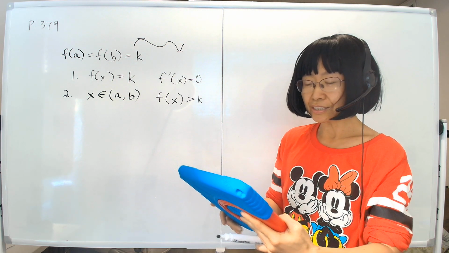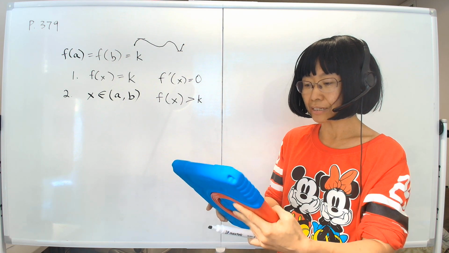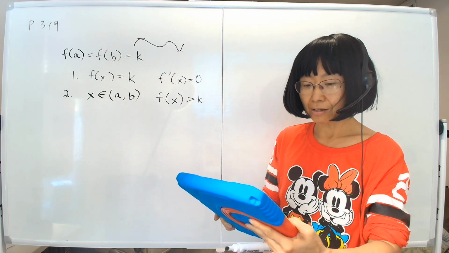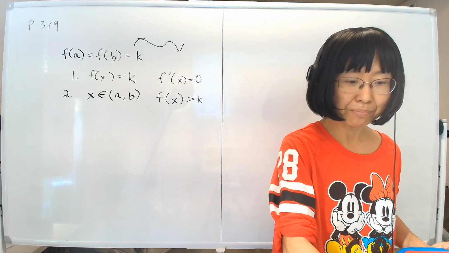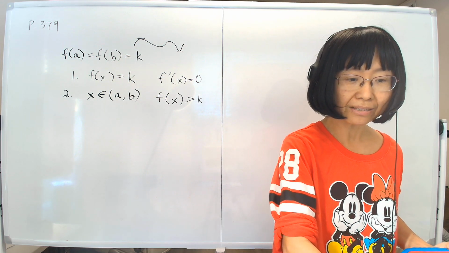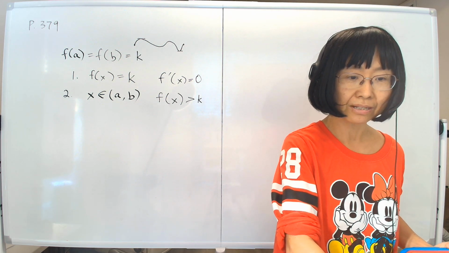So let's look at the proof of the second condition. The second condition requires us to quote the extreme value theorem. If you have already forgotten what that was, then I recommend that you copy down that theorem in some kind of notes.